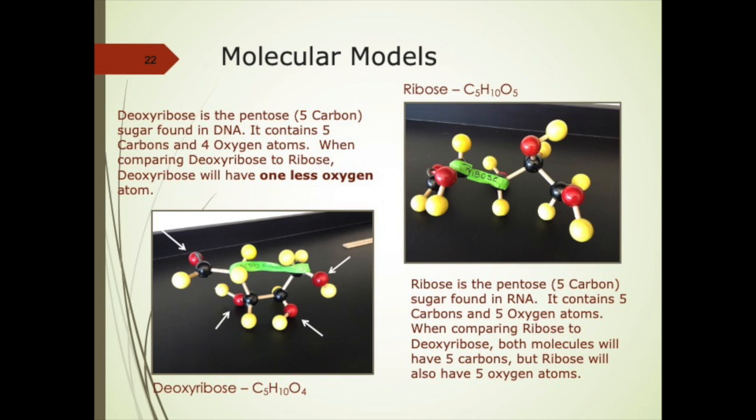Other types of molecular models, deoxyribose. These are nucleic molecules. Deoxyribose and ribose. So deoxyribose is a pentose sugar found in DNA, right? Deoxyribonucleic acids.